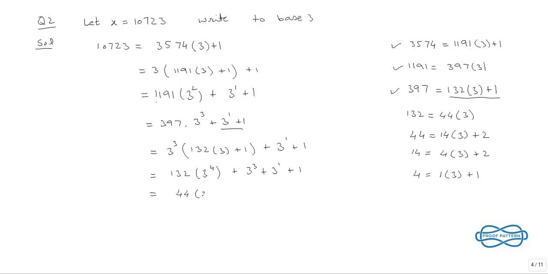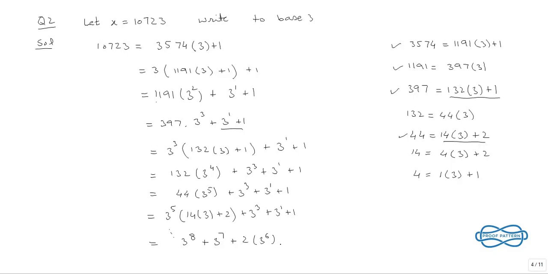44 times 3 to the power 5 plus 3 cube plus 3 to the power 1 plus 1, and 44 can be replaced with 14 into 3 plus 2, and that will be 3 to the power 5 into 14 into 3 plus 2 plus 3 cube plus 3 to the power 1 plus 1, and in the same way we will arrive at the situation 3 to the power 8 plus 3 to the power 7 plus 2 times 3 to the power 6 plus 2 times 3 to the power 5 plus 3 cube plus 3 to the power 1 plus 1.